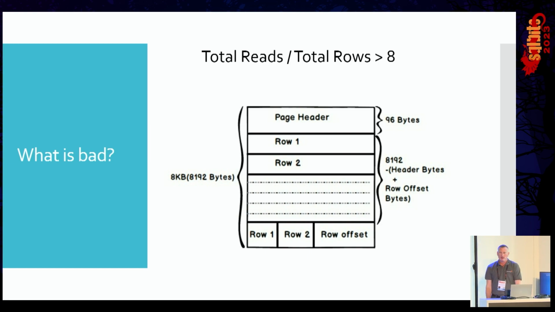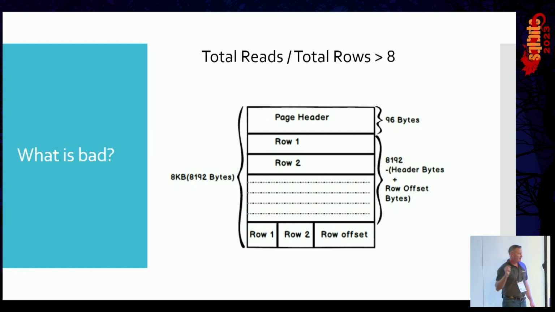Okay, again, what is bad? This is just a reminder of the relationship between pages and rows. Within a page, and that's why I have this simplistic diagram up here, you can have multiple rows, many, many rows, depending on row size, fill factor, things like that.